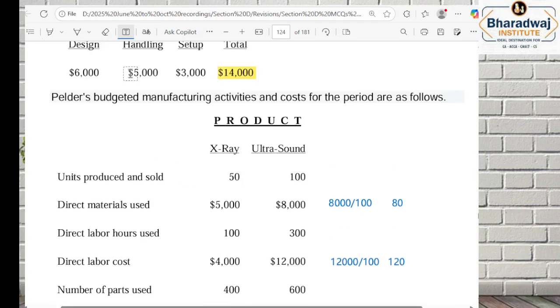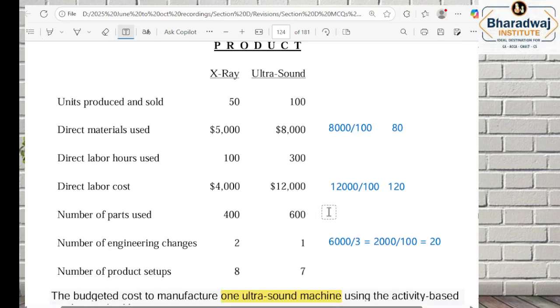So 5,000 divided by 1,000 gives 5 per part.